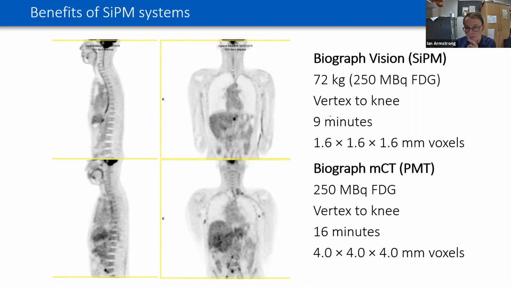We've given the same amount of activity, but the scan time for vertex to knee is 9 minutes on the Vision, and on the MCT it was 16 minutes. The thing to point out here is the difference in the voxel dimensions. We're now using 1.6 millimeter isotropic voxels, whereas previously we were using 4 millimeter isotropic voxels. So again, just improving on the image quality.